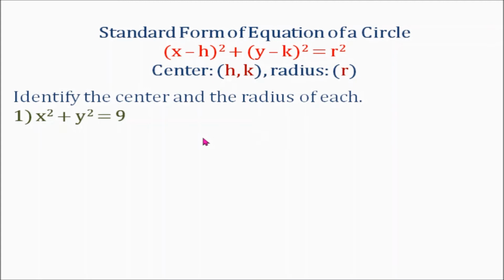We are going to do examples. Identify the center and the radius of each. So number 1, the equation is x squared plus y squared equals 9.